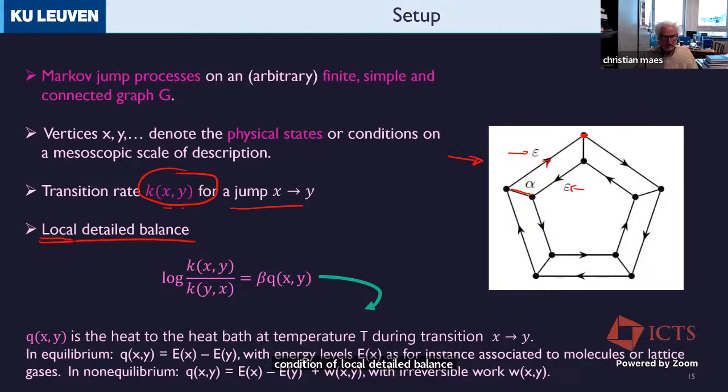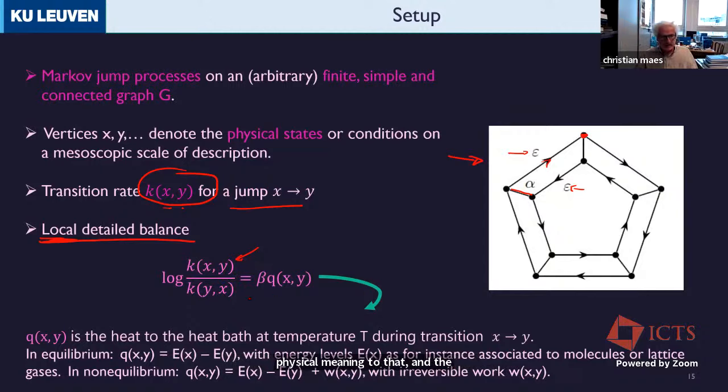That is not such an easy concept, but combining words and formulas, it basically means the following in this context. I will always work with transition rates over the edges which are strictly positive, so these k_xy here, and there is also an inverse, which is k_yx. If we take the ratio and the logarithm, we will attach a physical meaning to that.